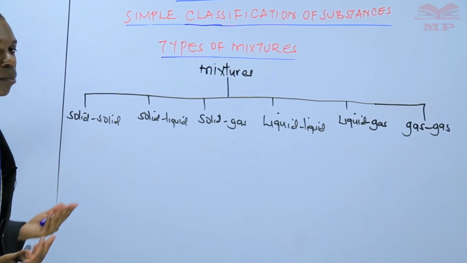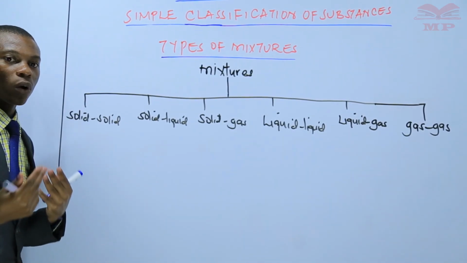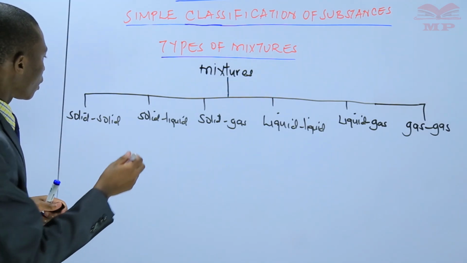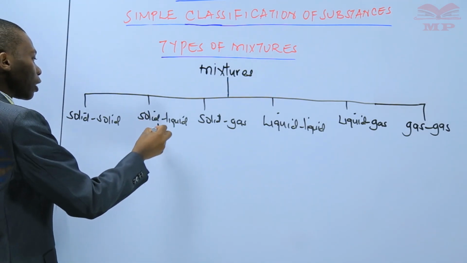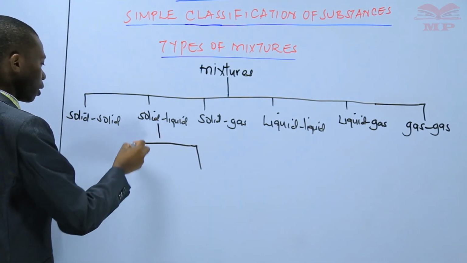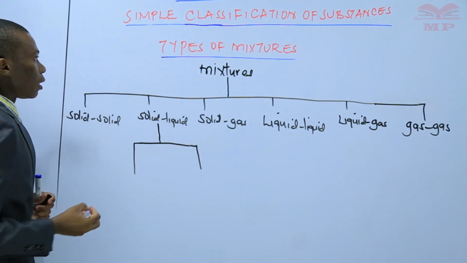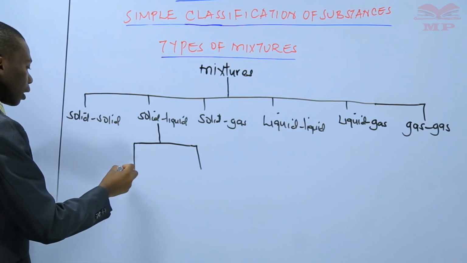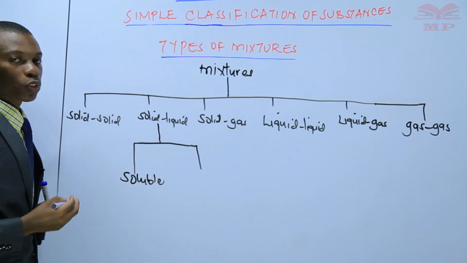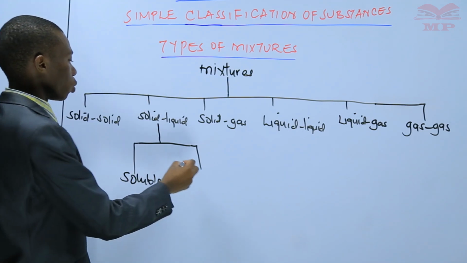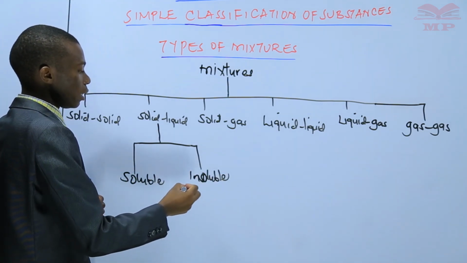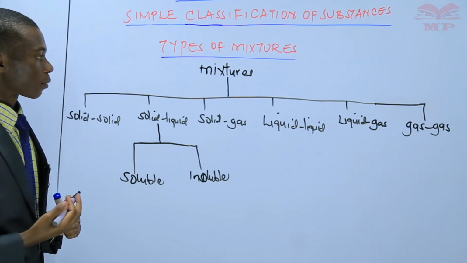In solid-liquid mixture, this one can be divided into 2 again. It can be categorized as a soluble solid-liquid mixture, or an insoluble solid-liquid mixture.